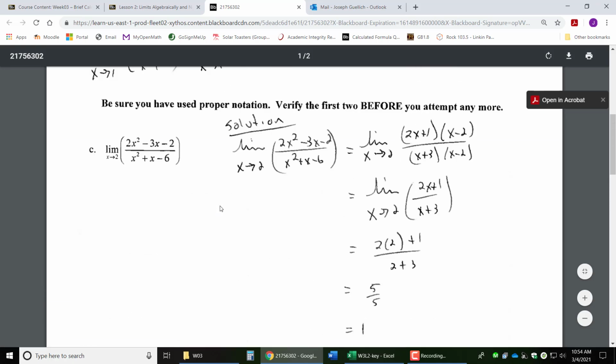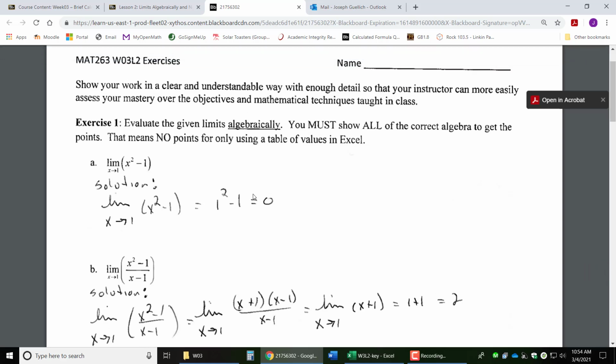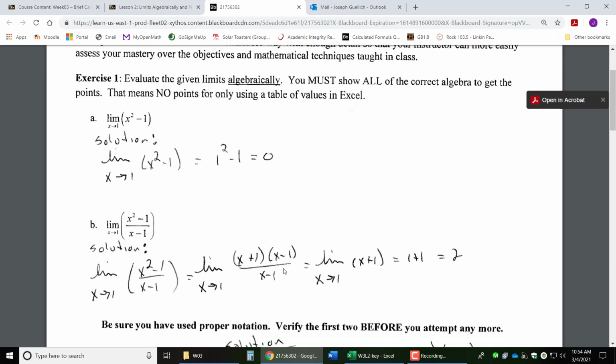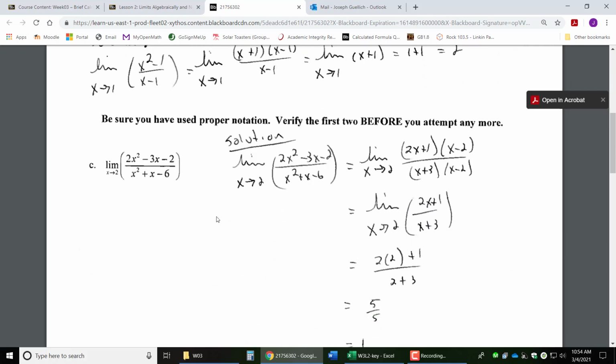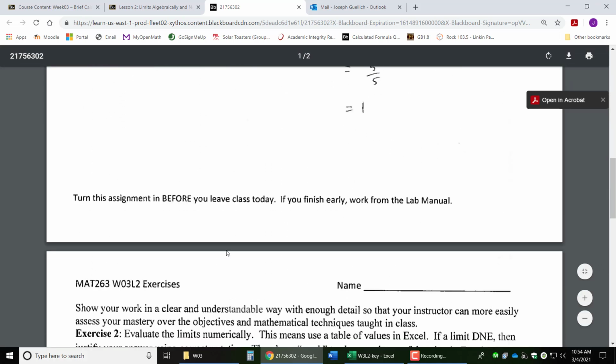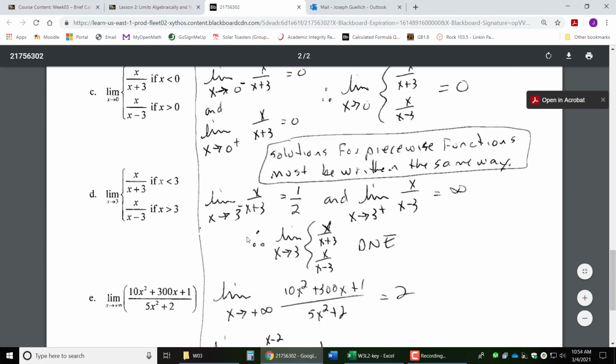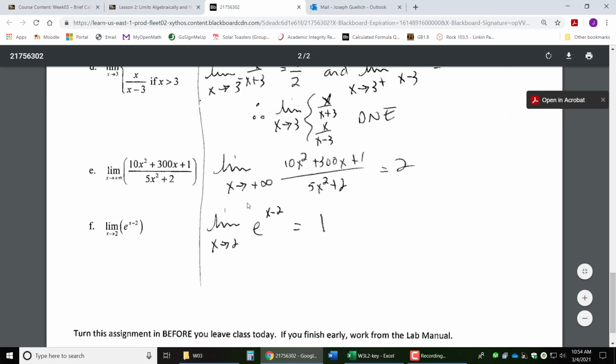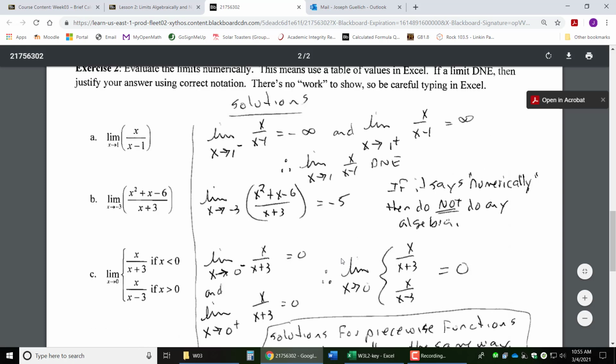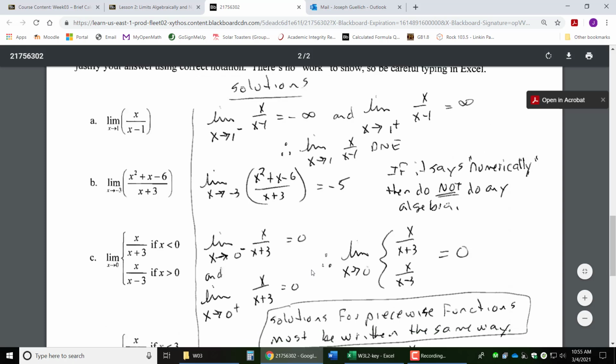So it's very important that when you do the algebra, you've got to write the appropriate algebra down. Sometimes there's not a whole lot, like part A. Sometimes there's several things, like part B or C. But when you're doing the limits numerically, it's all about the table in Excel, and then just write that final thing. Don't write the algebra, don't factor, don't cancel, etc., etc.